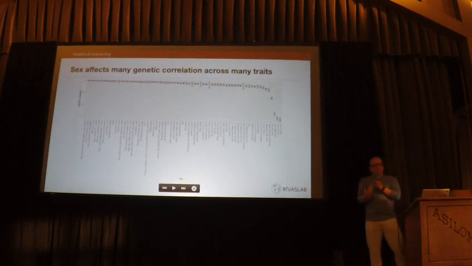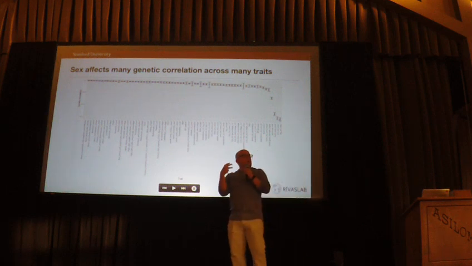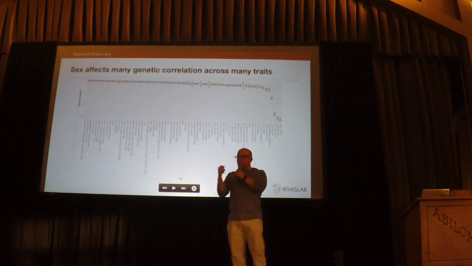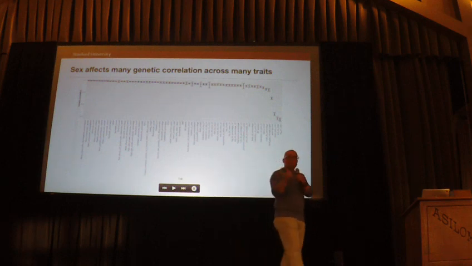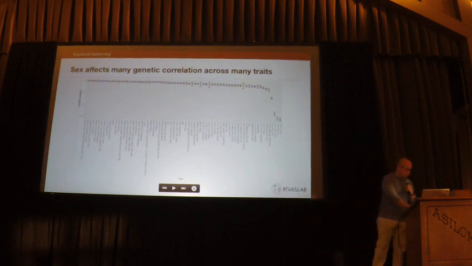So the cool thing is that for most traits, you're seeing pretty high correlation of genetic effects in males and females, and there are some exceptions, but those exceptions are quite interesting as well to move forward with.